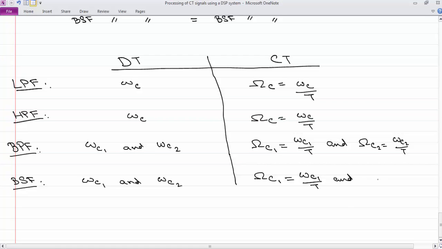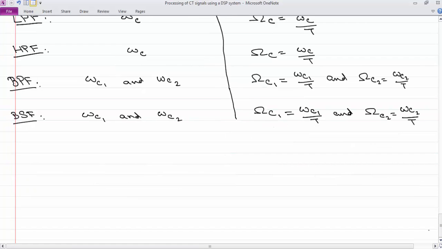The start and end frequencies are given by a scaling of the axis, omega c2 equal to little omega c2 over T. Now, sometimes you are interested in getting, so this is the relationship in the frequency domain.